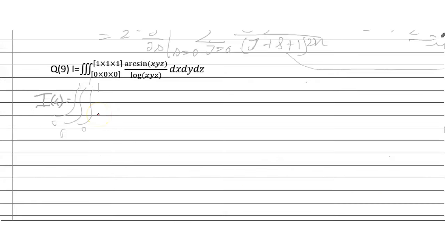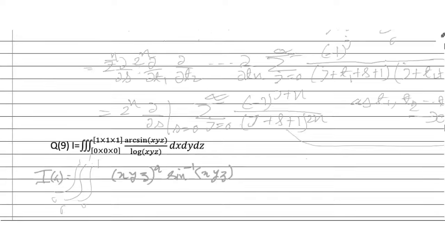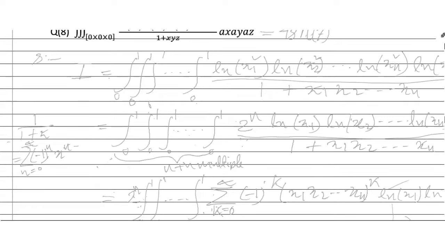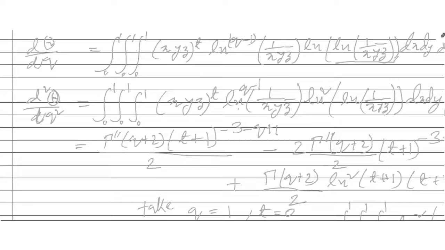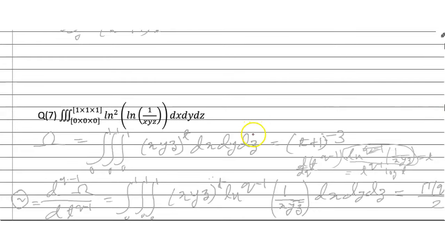Thanks. So friends, let's try to solve this problem. Triple integration 0 to 1 arc sine xyz log xyz dx dy dz. So friends, it can be written as xyz whole to the power a, sine inverse. Same technique friends I will apply here, because the technique is same, so we will solve a lot of category problems.